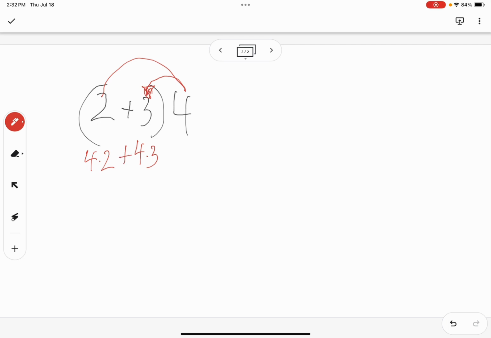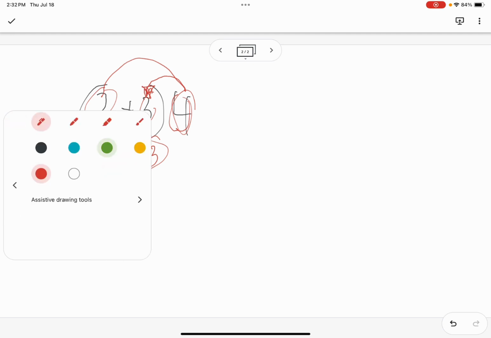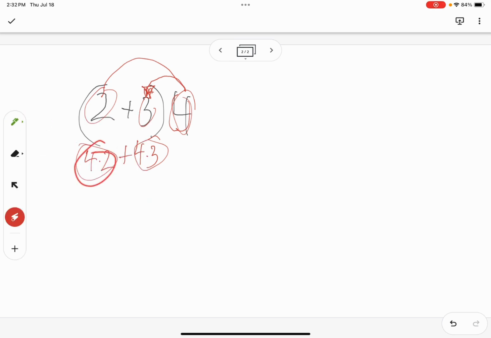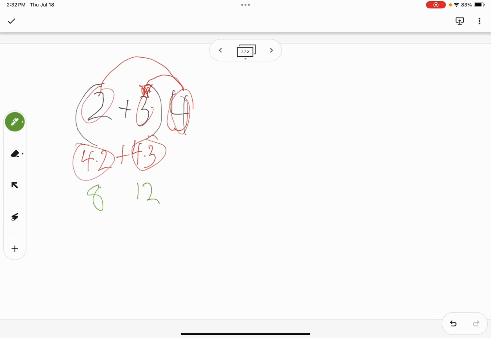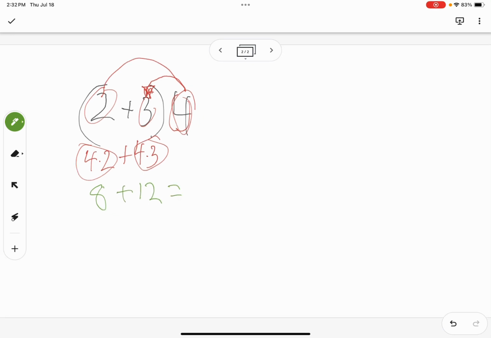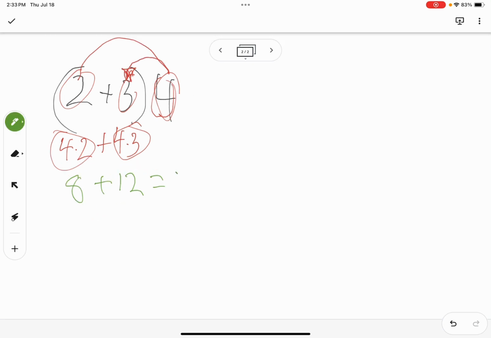So basically we're taking the 4 times the 2, putting it here, and the 4 times the 3 and putting it here, and then the plus, we're adding both of that together. So 4 times 2 equals 8. 4 times 3 equals 12. Again, bring down that plus sign, and now we've got an 8 plus 12, which again equals 20, much like we'd shown before. So that's the distribution property.